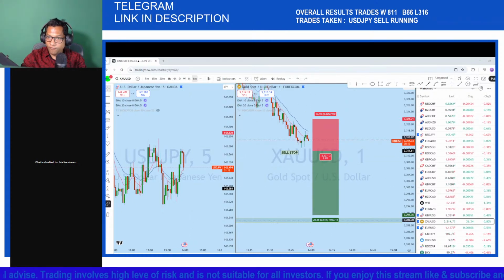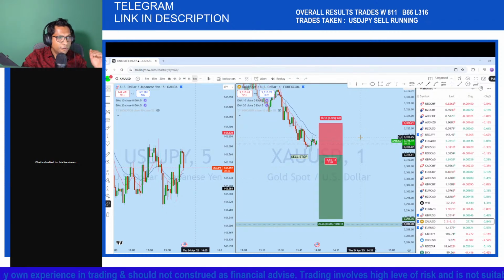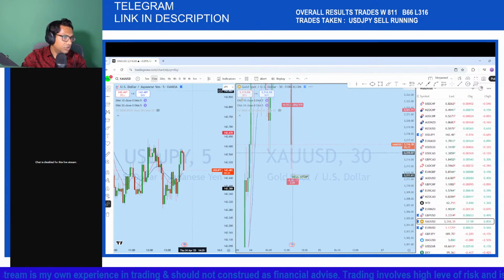So this is where we are waiting for that possible move. Place the sell stop, and with the candle close, if the market drops back down here, that's where you will be entering the trade.